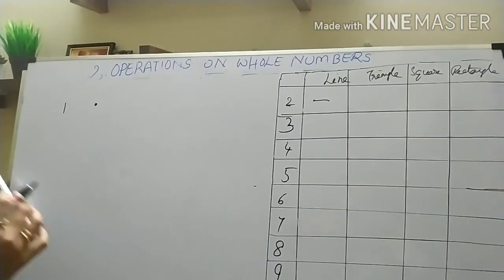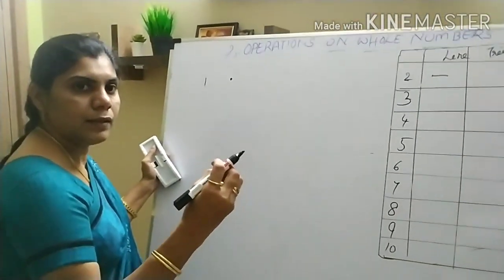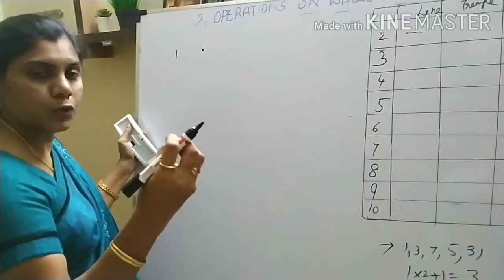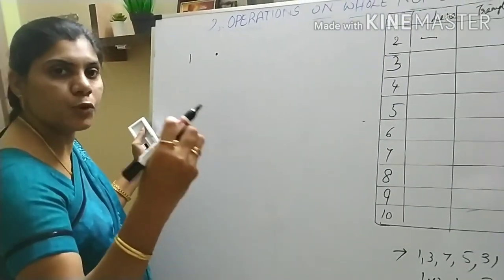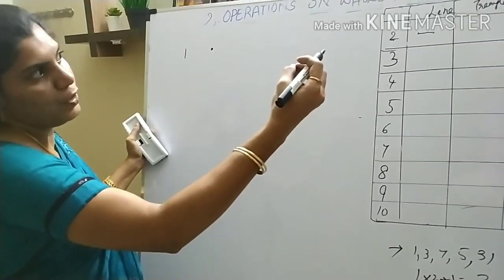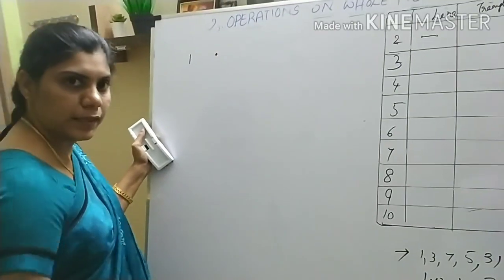In each and every number we can represent in different shapes. That too, you will get only 4 shapes. That is either a line, or a triangle shape, or a square format, or a rectangle.